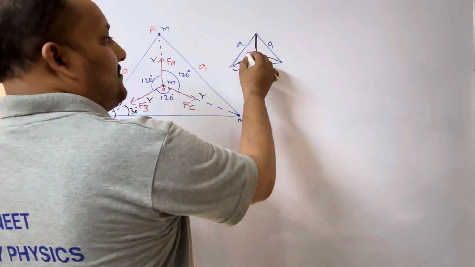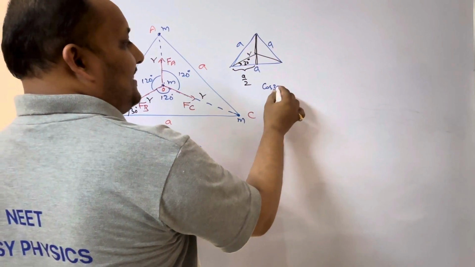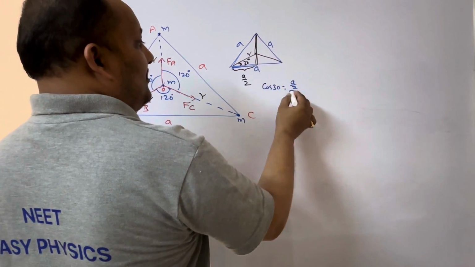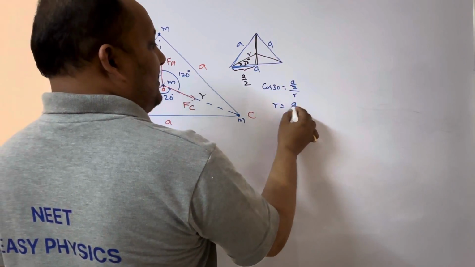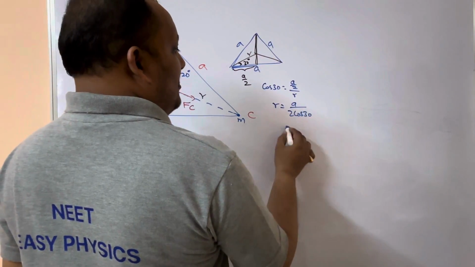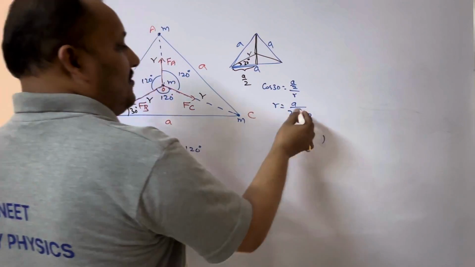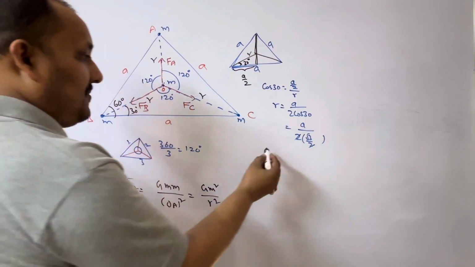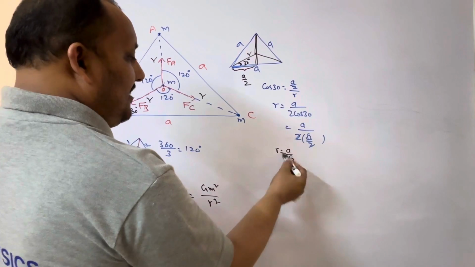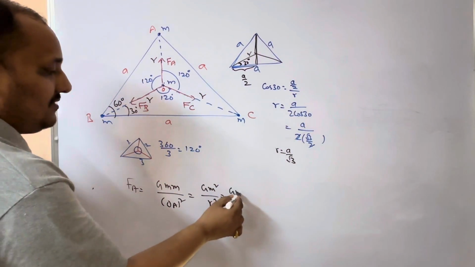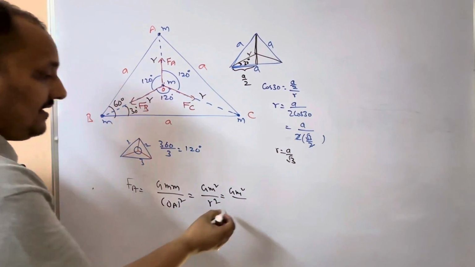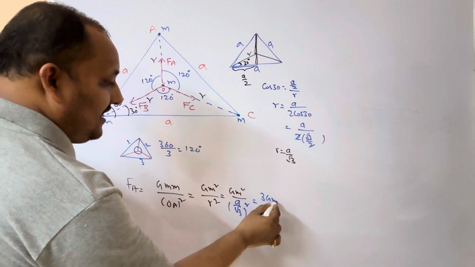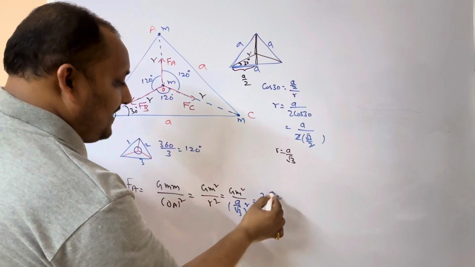So we want small r. cos 30 degrees is adjacent side by hypotenuse, so cos 30 equals a by 2 divided by r. What is the cos 30 value? Root 3 by 2. Therefore, small r is a by root 3. So G M square by (a by root 3) whole square, which is 3 G M square by a square.